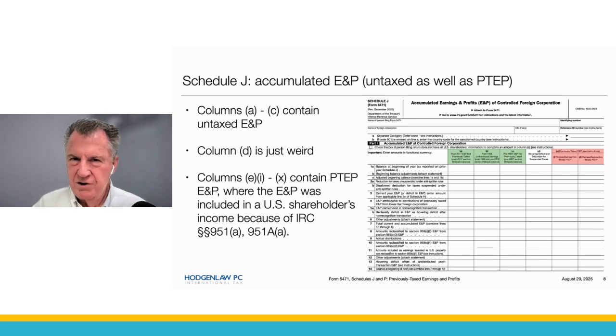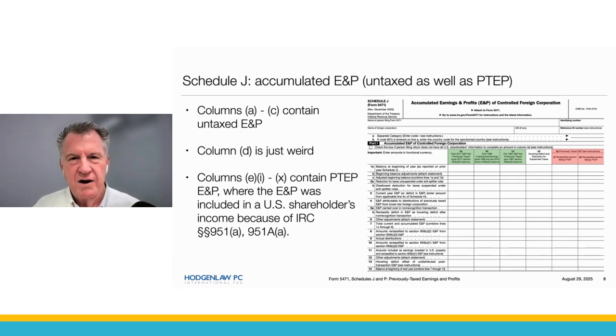But now you've got two categories of earnings and profits, one that has been taxed in some way because of subpart F and the inclusion rules that hit US shareholders, and some that hasn't been taxed. And so you need to be able to track earnings and profits that come from either untaxed earnings and profits, and they're taxed to the shareholder in a certain way, or the distribution from the CFC comes out of previously taxed earnings and profits, and that's going to get taxed in a completely different way.